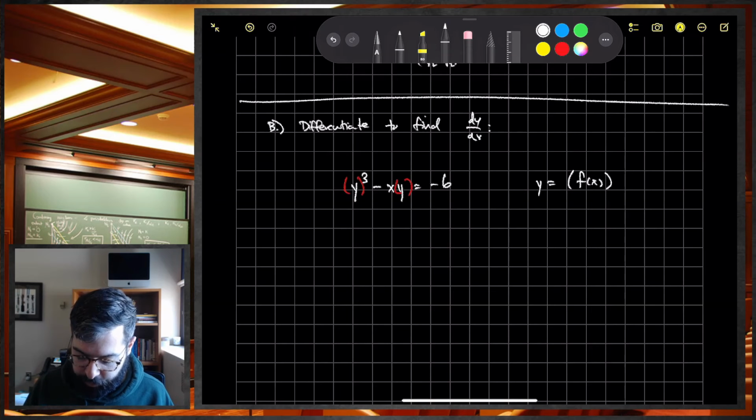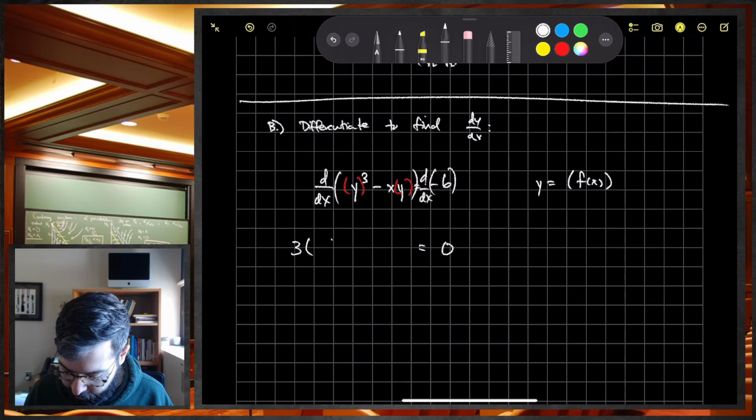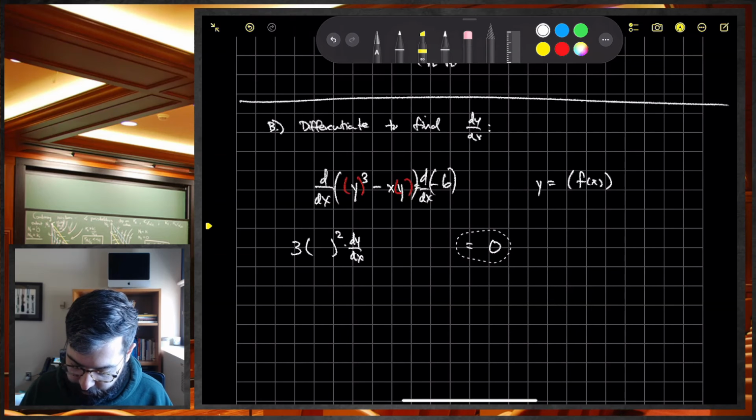So here, differentiating everything with respect to x. The right-hand side nicely is just 0. On the left-hand side, again, we've got the power rule times the chain rule for that inner derivative there. And then for this piece, this minus xy, this is x times y.